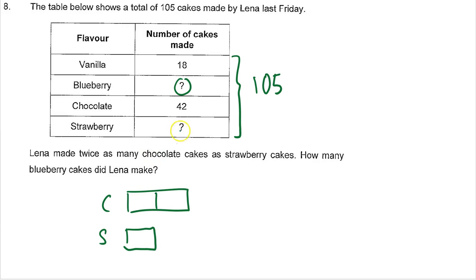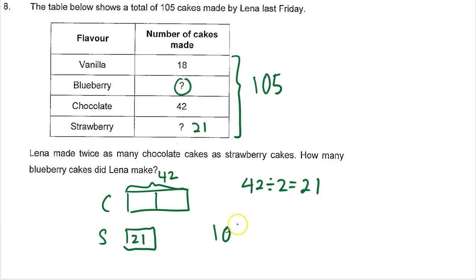Chocolate is actually given, so my apologies. Chocolate is 42. And chocolate is double your strawberry. So if you divide chocolate by 2, you get the strawberry, which is 21. Now they are asking for blueberries.